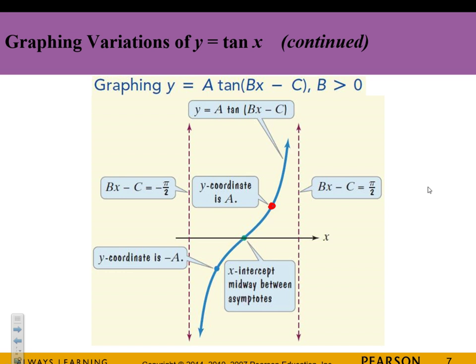Remember how we always depended on the vertex to graph stuff, move it around and stuff? This doesn't have a vertex, but it has a center there, and that's what you're going to follow around, move it up or down. And then when you decide how far up it's going to go, you do want A here, and then over here you're going to want negative A, kind of like that amplitude still. Because tangent will do that. When you do stretch compressions, it doesn't look like sine cosine where it kind of looks longer.